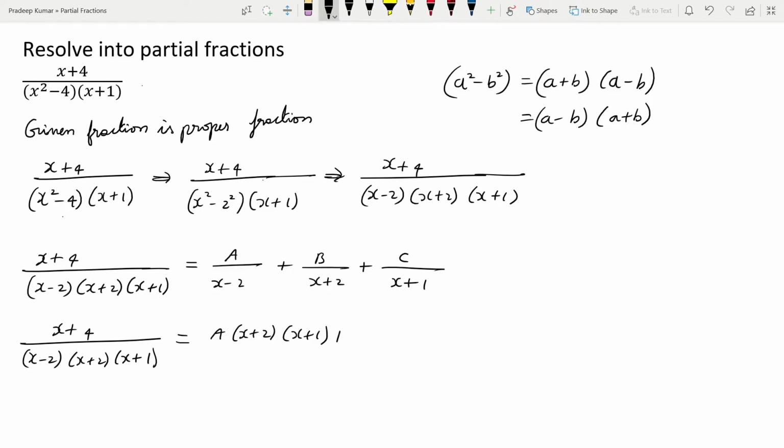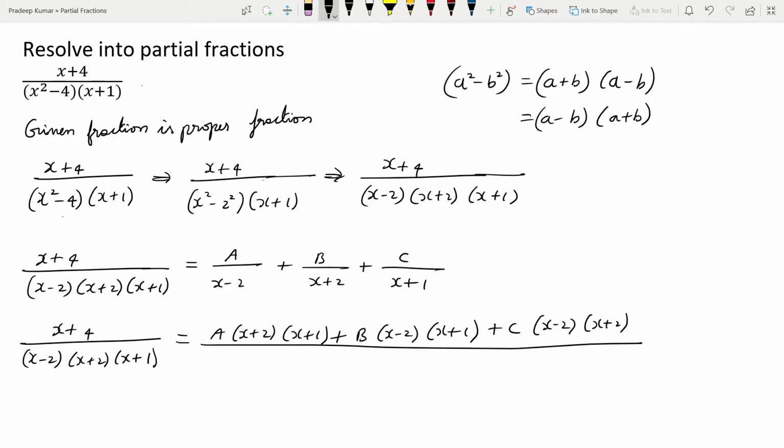Let's do the same for B: B times (x − 2)(x + 1), not taking x + 2. Now for C: C times (x − 2)(x + 2), not taking x + 1, and the whole divided by the denominator we got, (x − 2)(x + 2)(x + 1). Right, we are done with the LCM now.